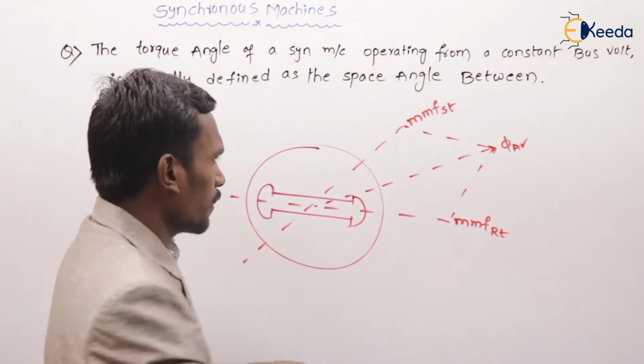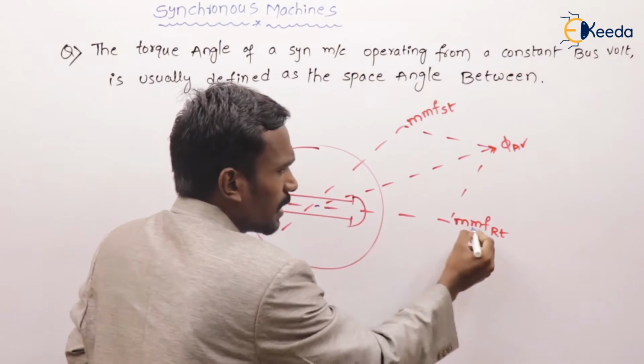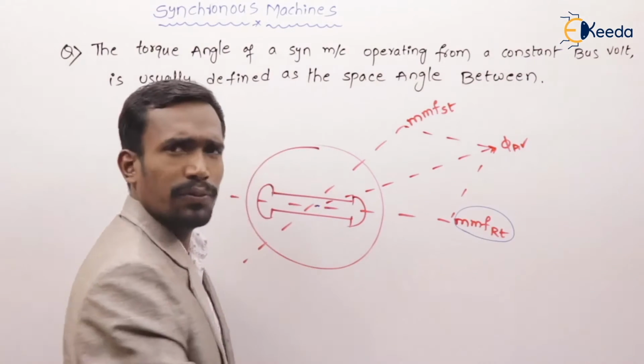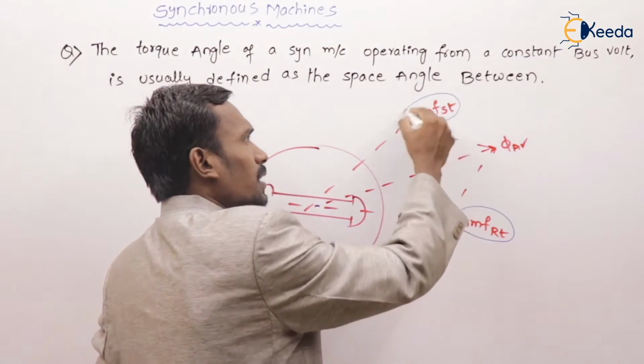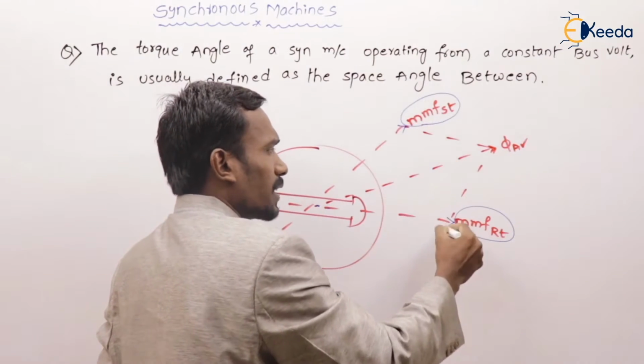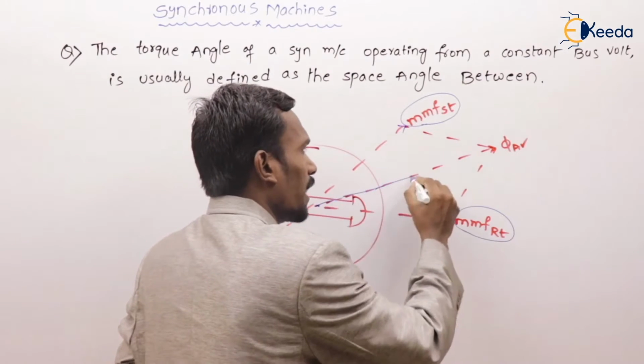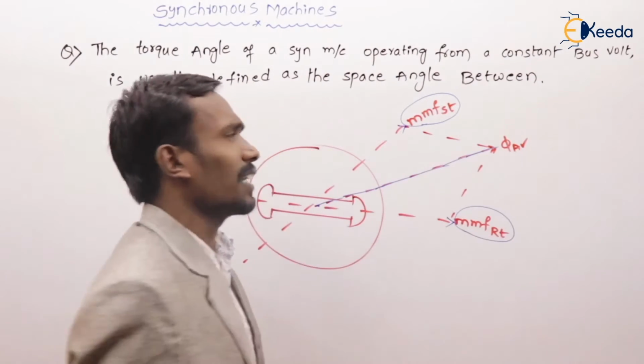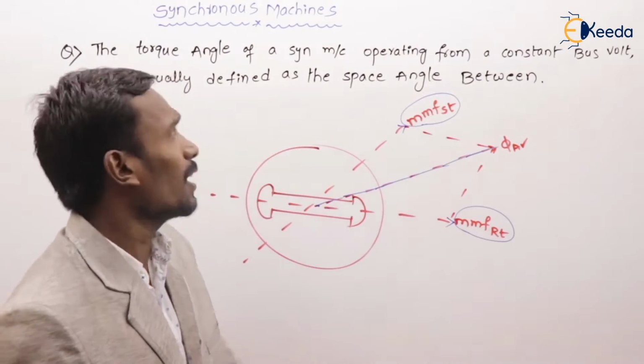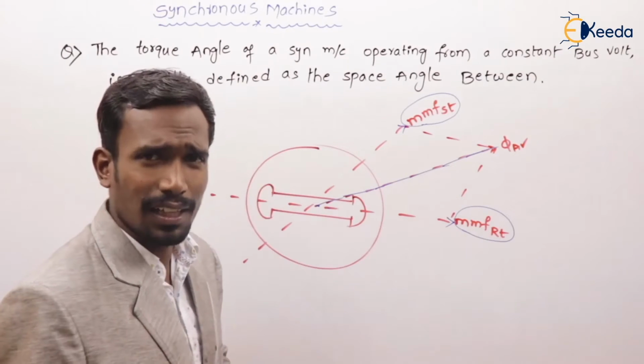For example, this is my rotor MMF, this is my stator MMF, and this is my air gap flux or resultant flux. Now tell me, what is the torque angle?